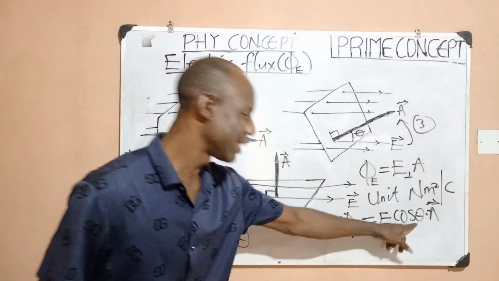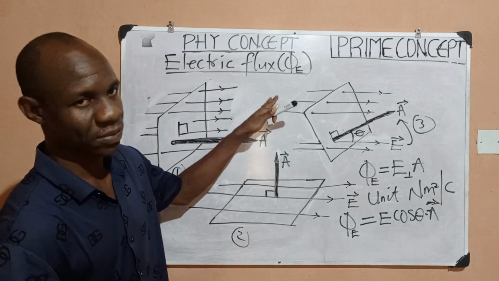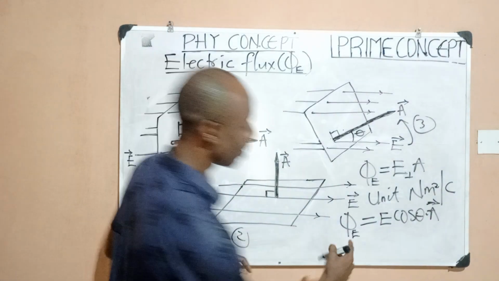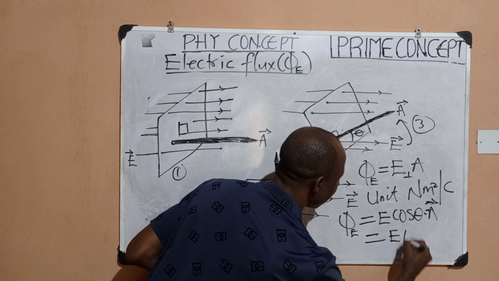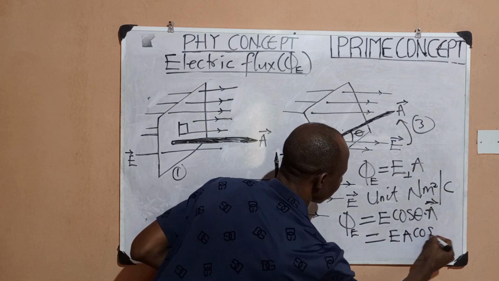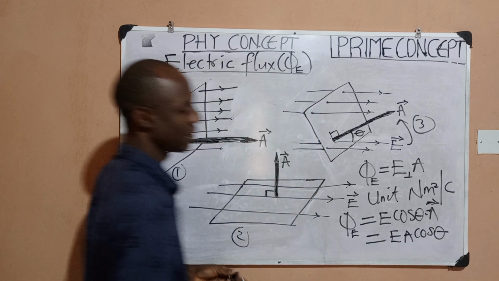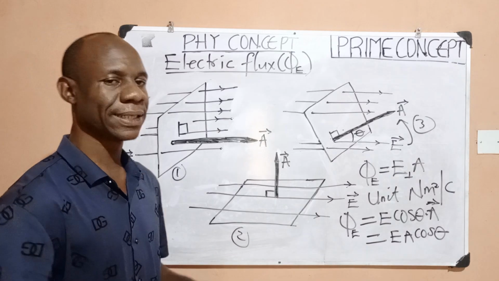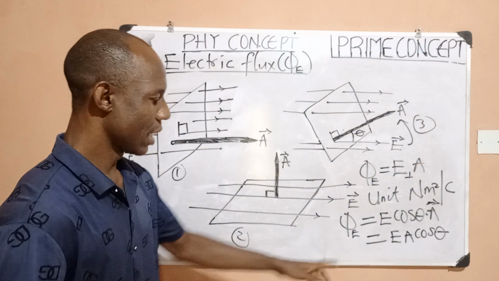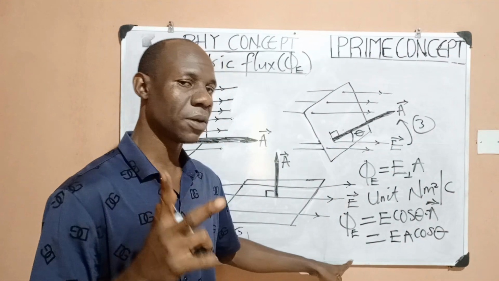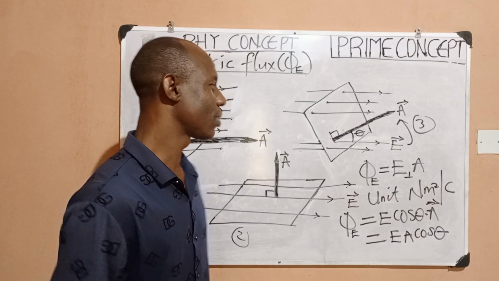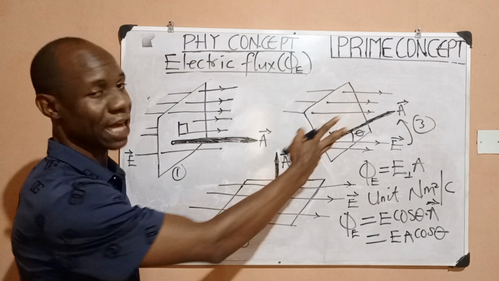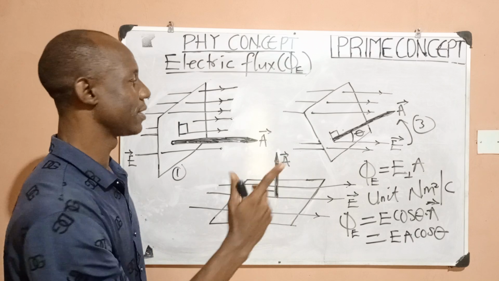Now, what is theta? Let me still write this. I don't want to rub this diagram yet. So I can now write this as EA cos theta as the formula for my electric flux. Electric flux for a uniform electric field is going to be EA cos theta, so that at any angle you are given, you can always find it.